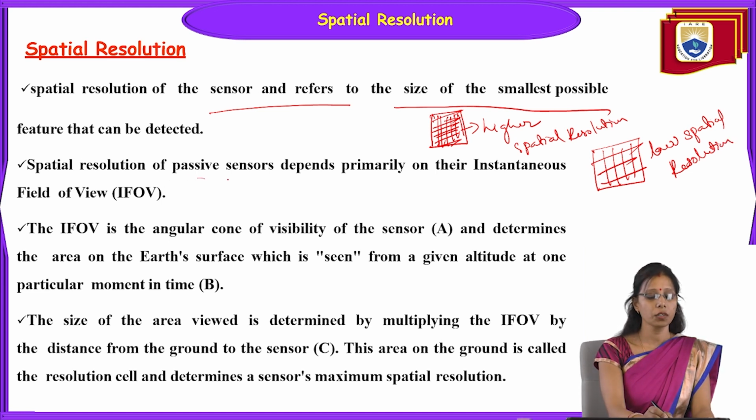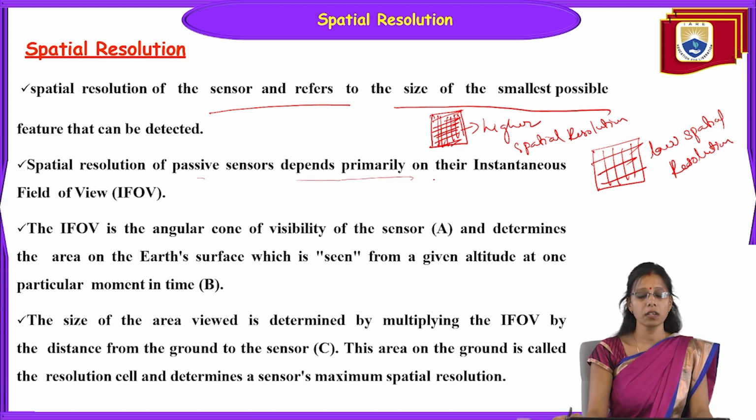Spatial resolution of a passive sensor depends primarily on its instantaneous field of view. That means how much area it has captured. I hope you remember we discussed in the previous lecture that there are two types of remote sensing, passive and active.